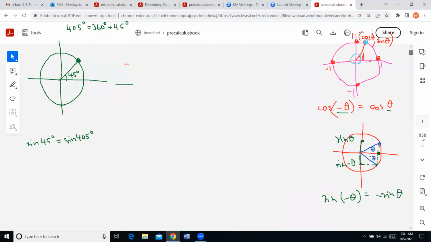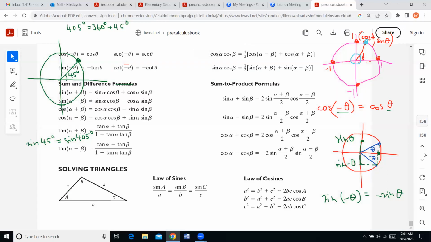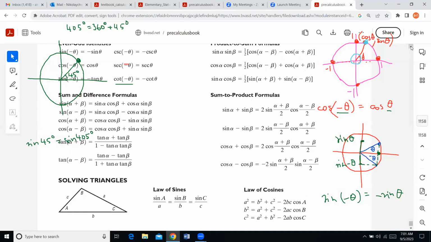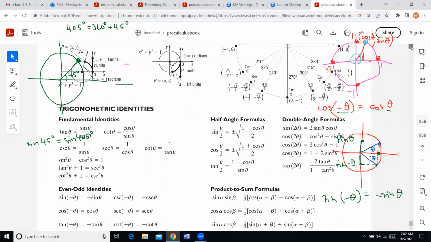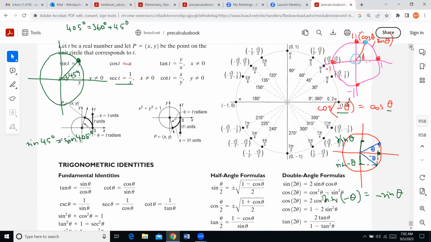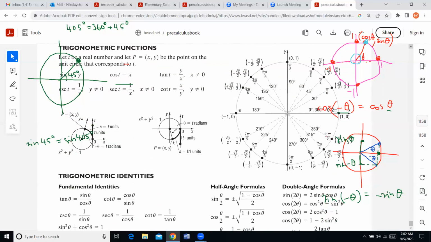Remember the unit circle pictures? Here it is, right? On that circular diagram, I can get various exact values.